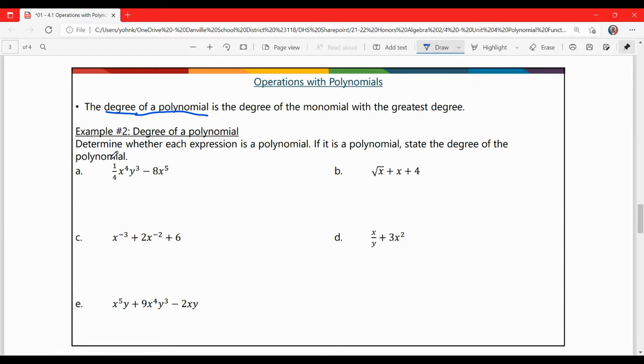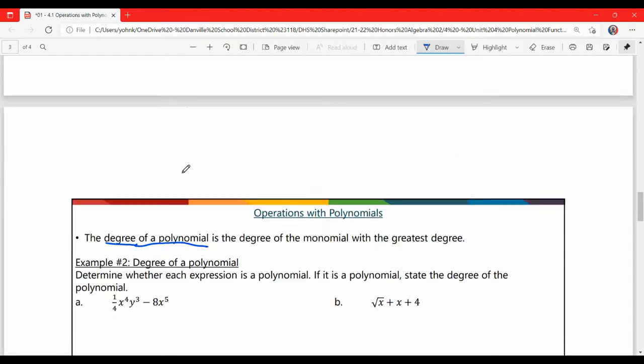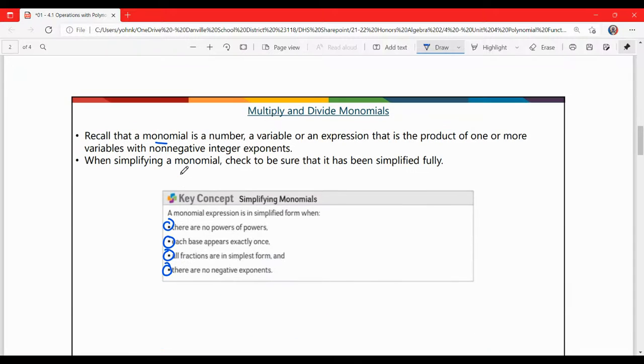So for instance, if I want to see if these expressions are polynomials or not, I first have to check and see if each piece of the polynomial or potential polynomial is a monomial. Remember, the definition of a monomial was a number, a variable, or an expression that is the product of one or more variables with non-negative integer exponents.